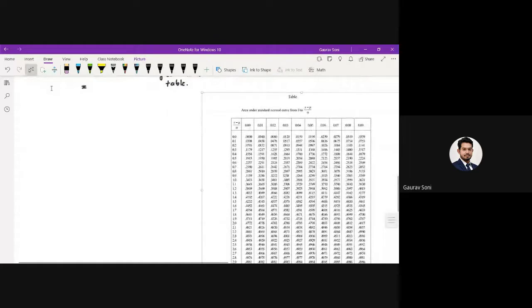So example. Find the area under the normal curve.